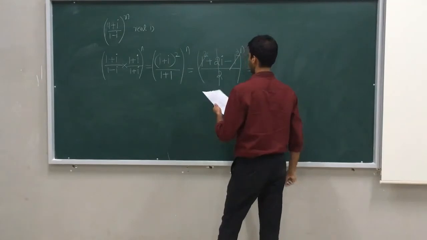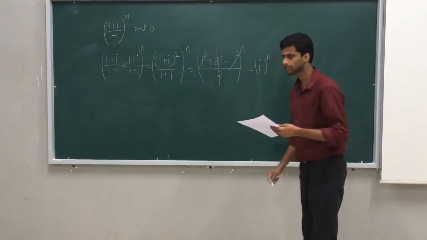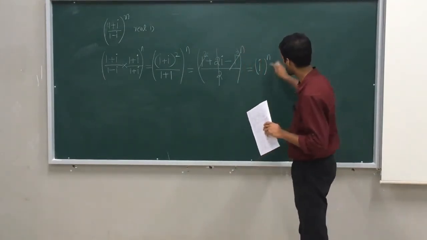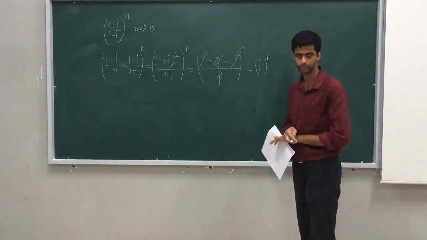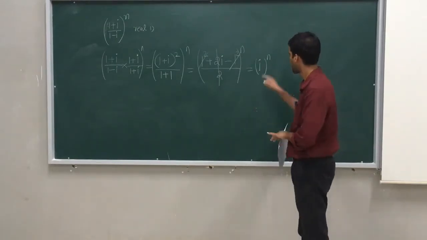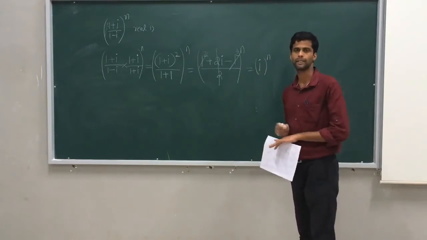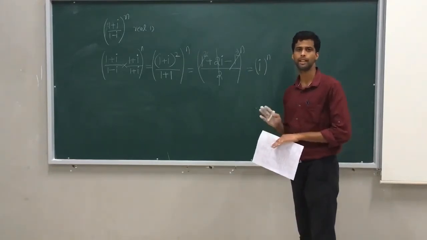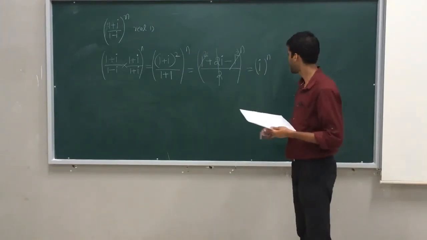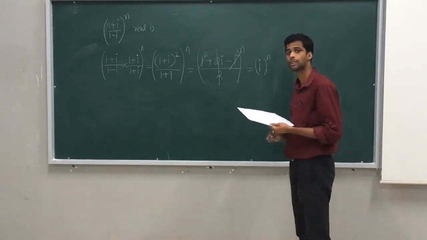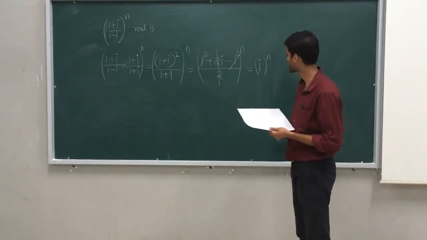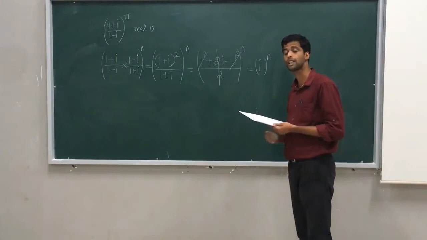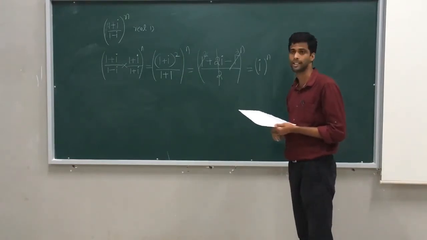Now we all know that if I put n equal to 1, i raised to 1 is i only, which is an imaginary number, not a real number. I want real. If I put 2, i square is minus 1. If I put 3, i cube is i square into i, again I got minus i.